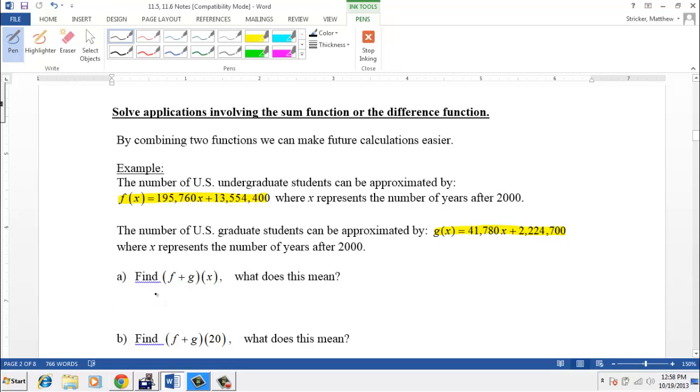Well, if I do that, I'm going to take the 195,760x plus 13,554,400. I'm going to add that to the g of x.